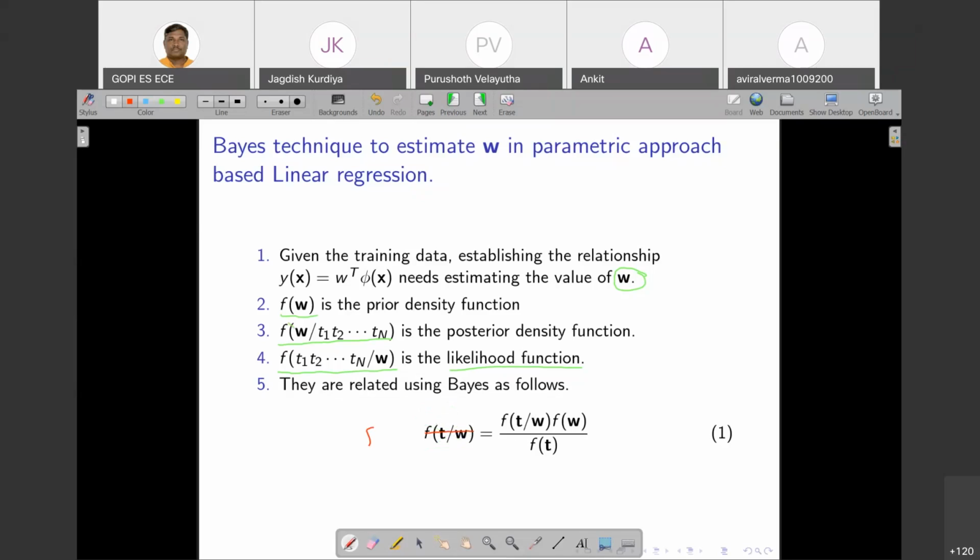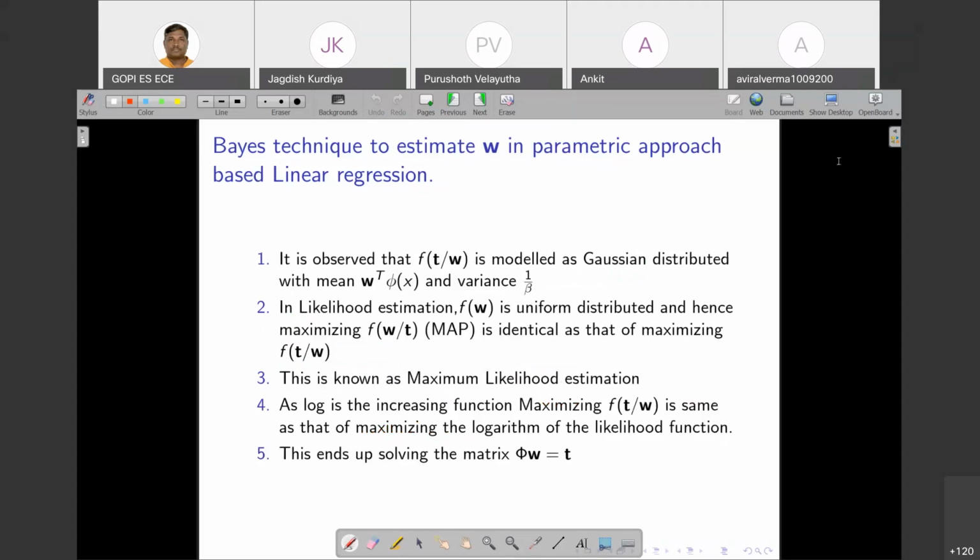This is f of W given T, which can be written as f of T given W into f of W, divided by f of T. What is more important is we are going to model this W. Let's see one by one. F of T given W is Gaussian distributed, that is known because T equals model plus epsilon, so T is Gaussian distributed, shifted, with variance 1 by beta. This also we discussed.